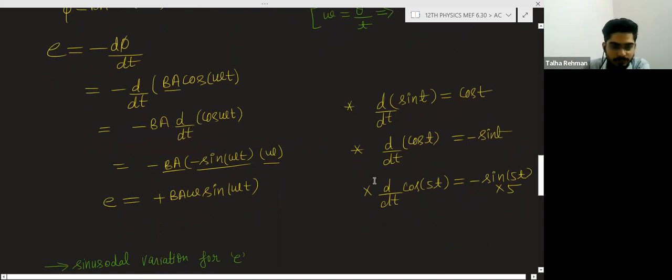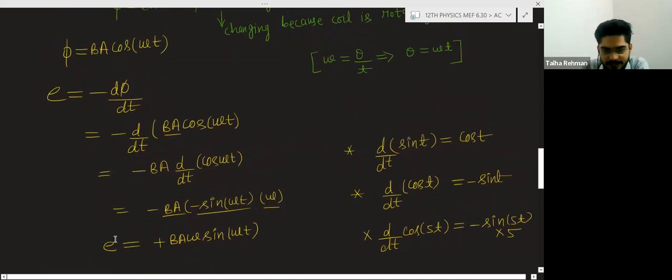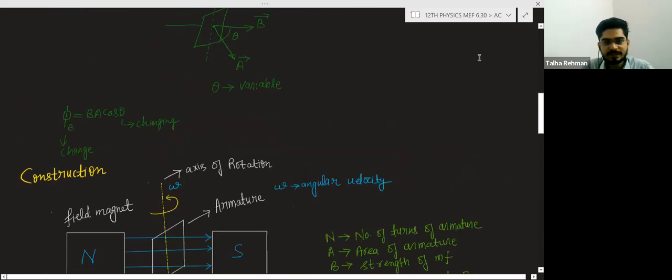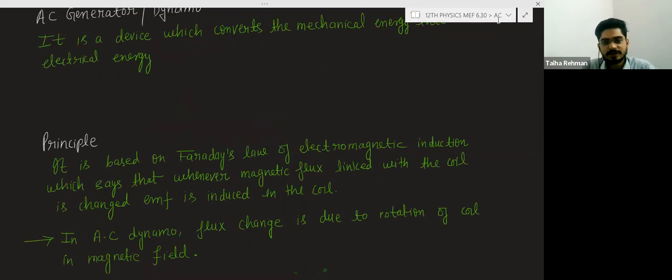Now see, this EMF is in the form of the sine. So sinusoidal variation of E means this EMF is varying according to the sine function. We have discussed this in the starting.